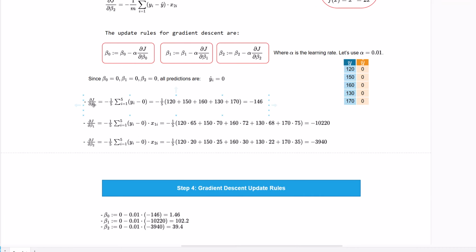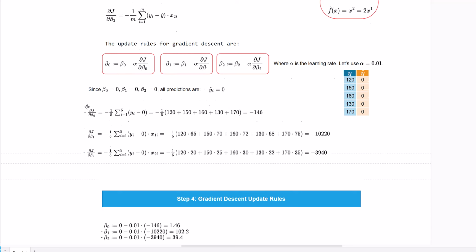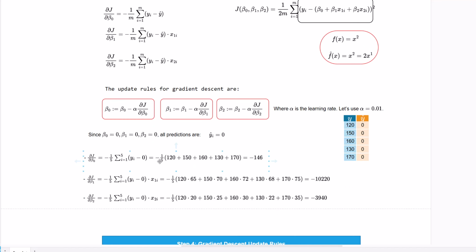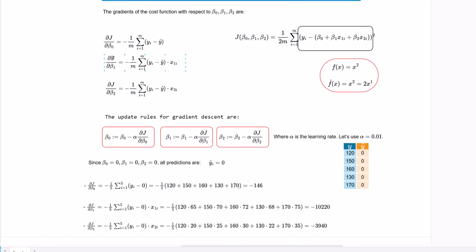Now, as you can see, I need to find the gradient of beta 0. Just use this formula here. It will be y, the original y, minus the y hat, and in this example y hat is 0, right? It will be minus 1 divided by m, where m is 5 in our case, 5 examples.